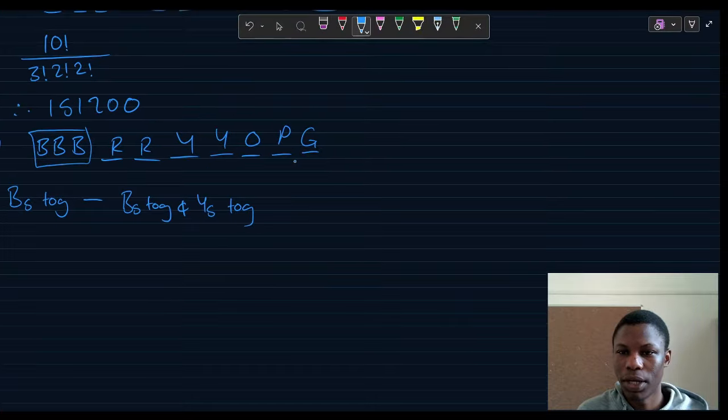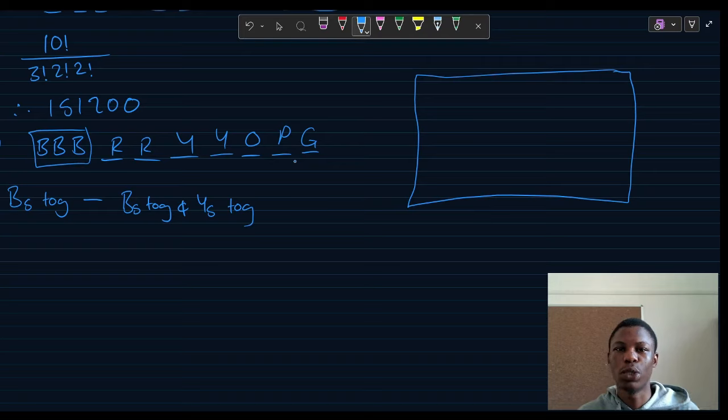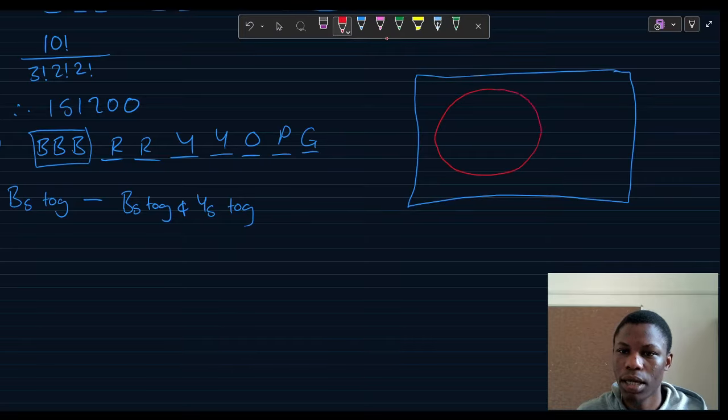If you think about it this way, let's say we've got this big box that represents all the total arrangements with absolutely zero restrictions, which is the 151,200 from part A. Inside there, we're then going to have a subset where this represents that three blue books are together.